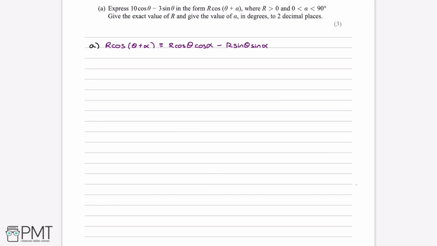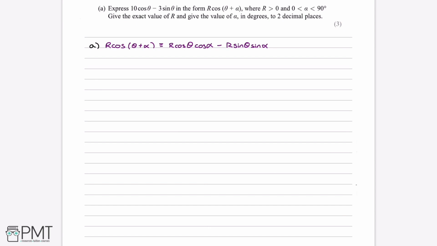That's just a general identity. So now, as we're told in the question, 10 cos theta minus 3 sin theta can be written in this form, therefore it can be written as equal to r cos theta cos alpha minus r sin theta sin alpha.